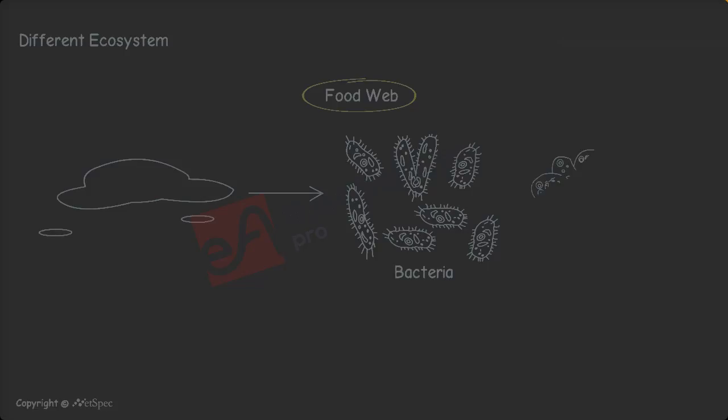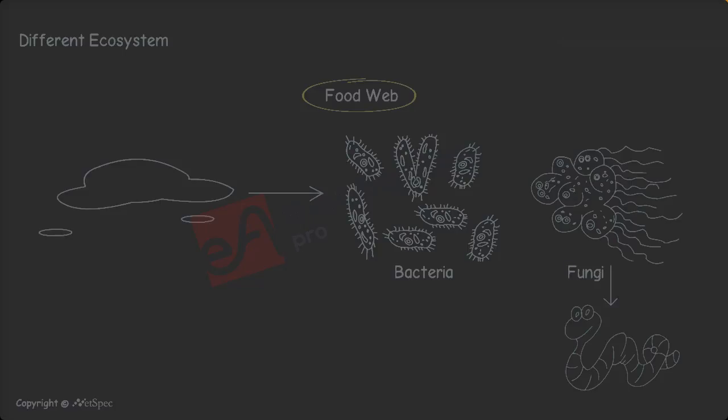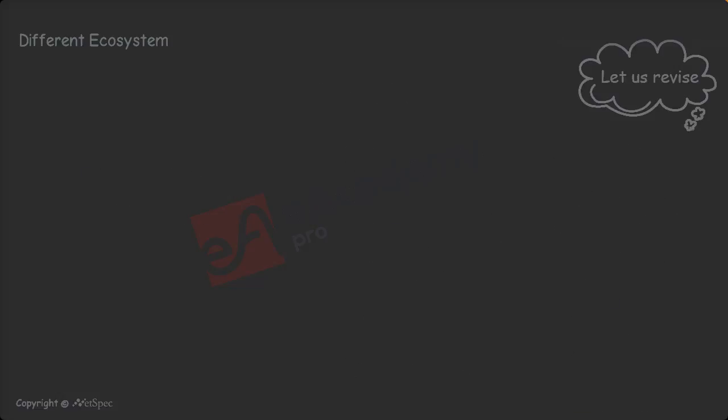So, earthworms are called farmers' friends. These earthworms are eaten by fish, and fish is eaten by crane. Now, it is understood that every organism on this planet is interrelated, and the interconnected unit is called a food web. Let us revise.